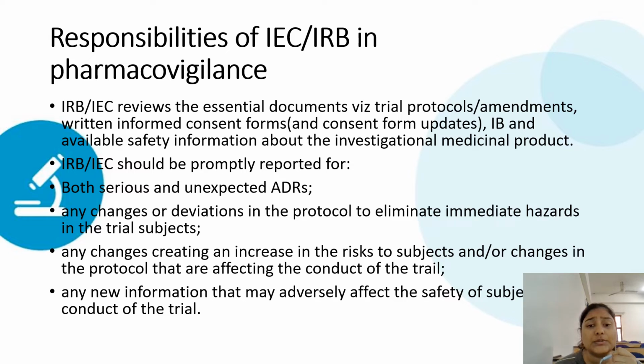IRB or IEC should be promptly notified of serious and unexpected adverse events; any changes or deviations in the protocol to eliminate immediate hazards to the trial subjects; any changes increasing the risk to subjects and/or changes in the protocol that are affecting the conduct of the trial; and any new information that may adversely affect the safety of subjects during the conduct of the trial.